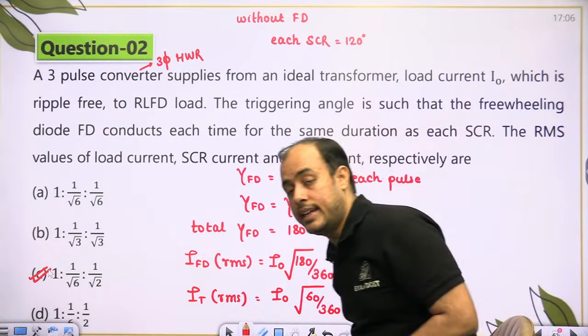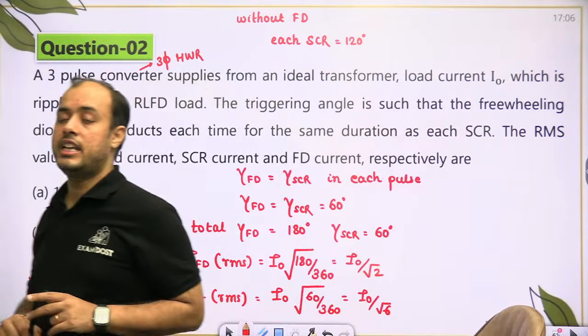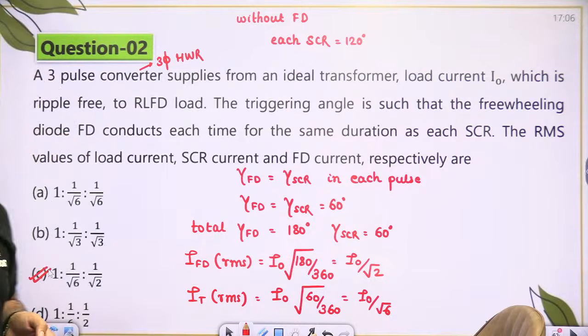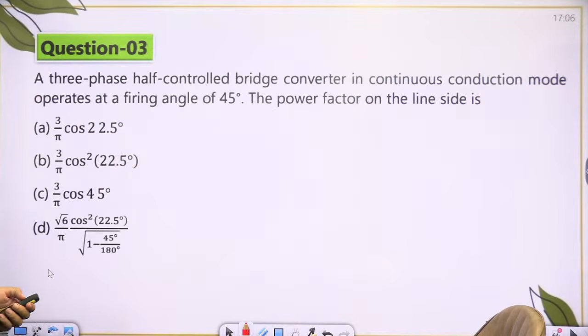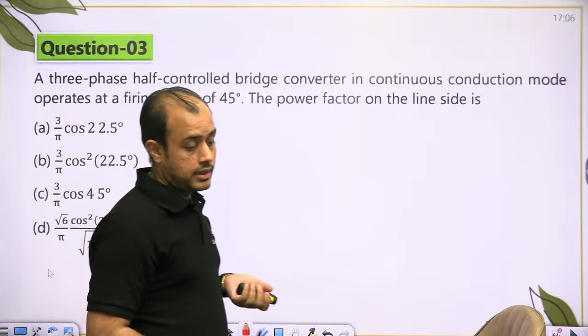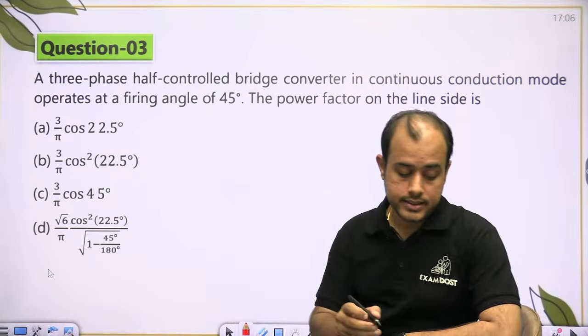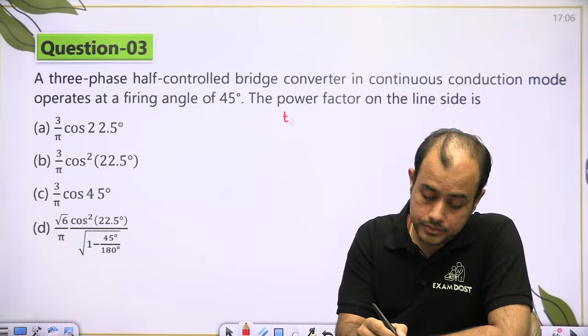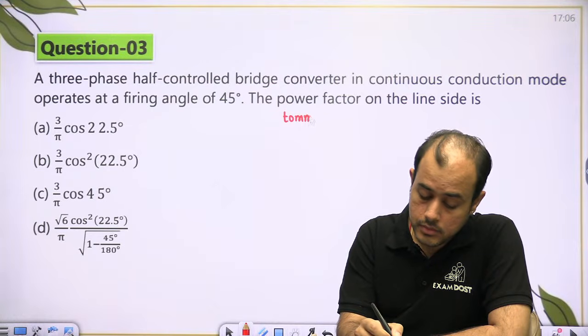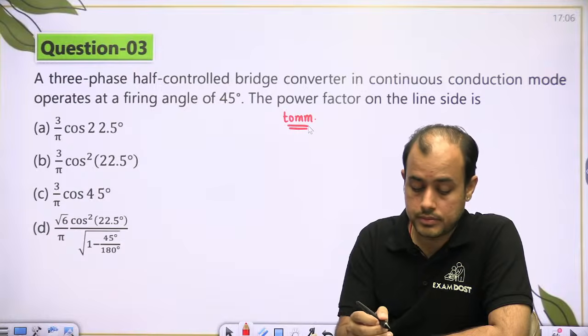The question says every time the freewheeling diode has to conduct for the same duration as the SCR. ये half controlled bridge है बेटा. This you will understand tomorrow. ये अभी मैं नहीं करा रहा हूं.